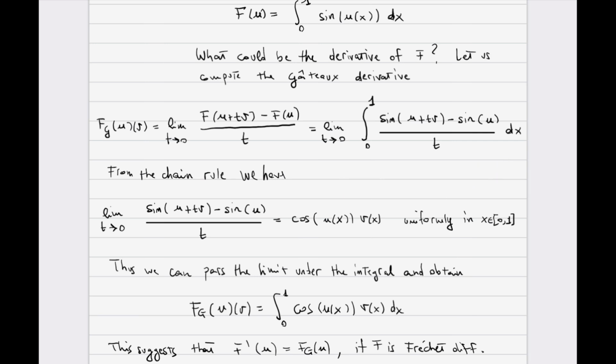So by the chain rule, this is none other than the derivative of a composition, and you find easily that this limit is equal to this guy here, the cosine of u of x times v of x, and this holds uniformly for x in 0, 1.